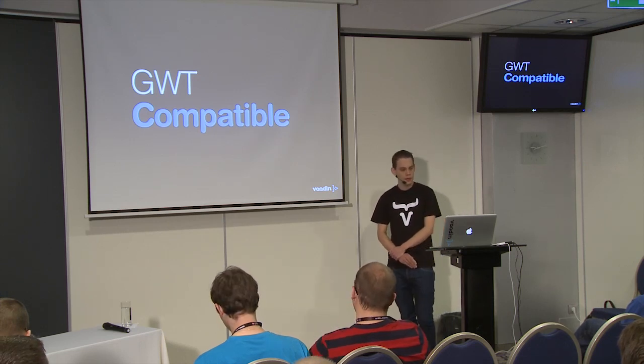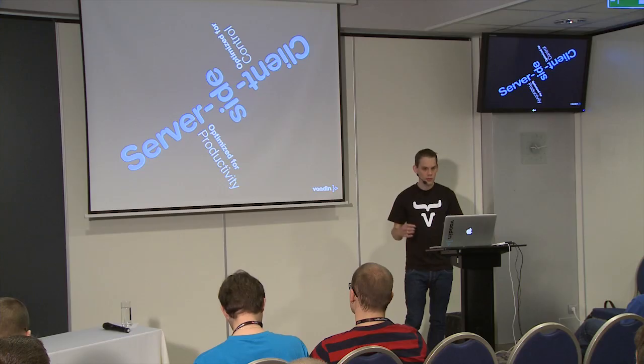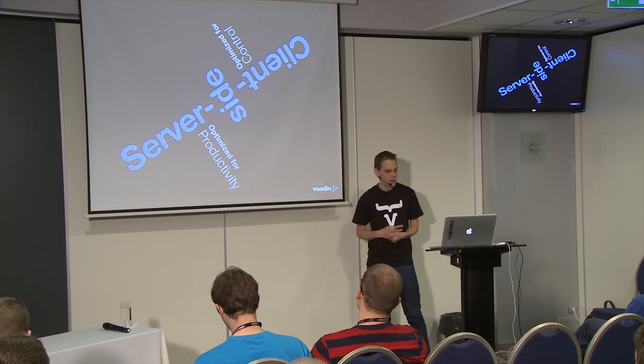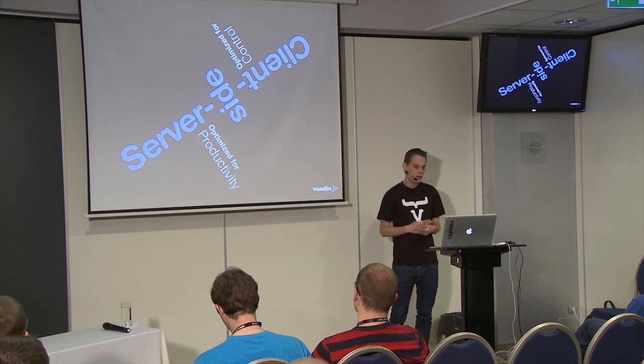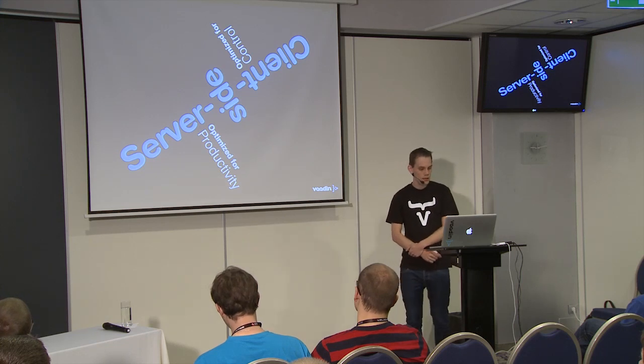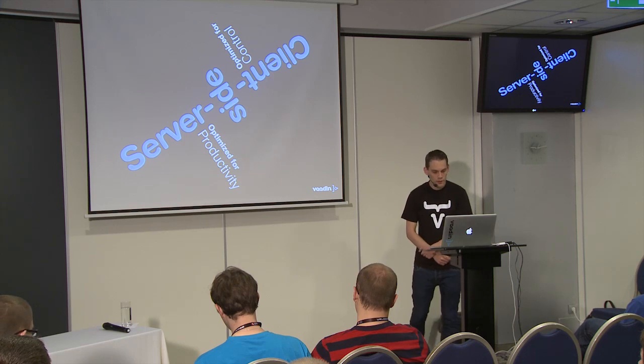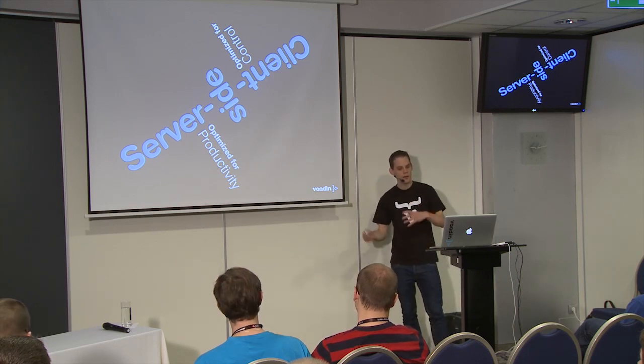The idea behind combining the server-side and client-side programming models is that the server-side programming model to build the UI on the server side is very fast and productive, but in some cases you may need better control for your UI.